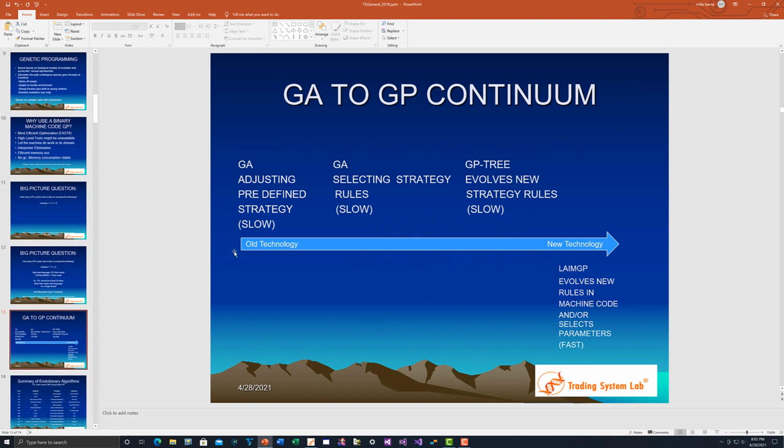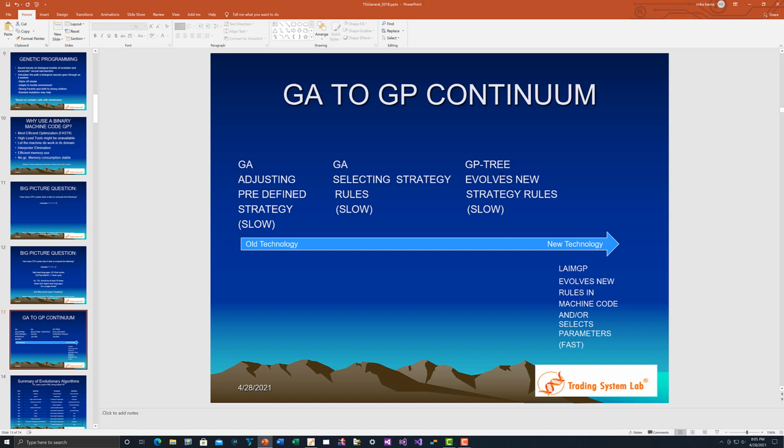So in genetic algorithms, we are really just adjusting pre-existing conditions. It's very slow and it's older technology. It's been around for some 35 or 40 years. In genetic algorithms, if you're using it to select rules, it's still running slow because the genetic algorithm is programmed in higher level code.